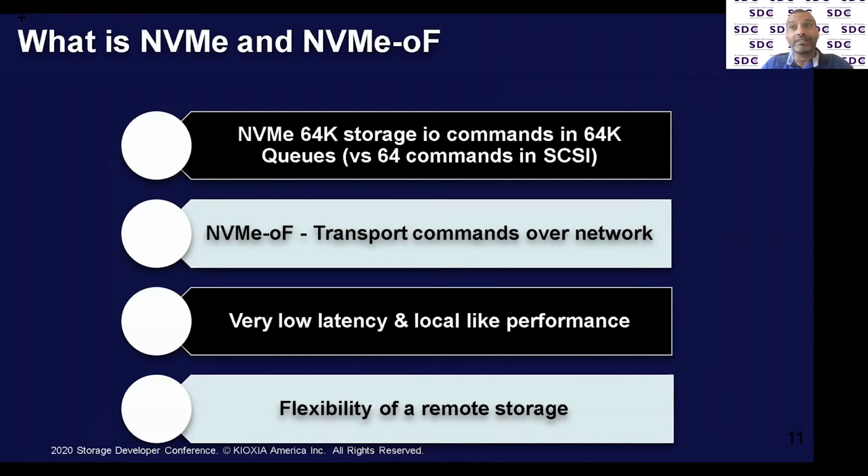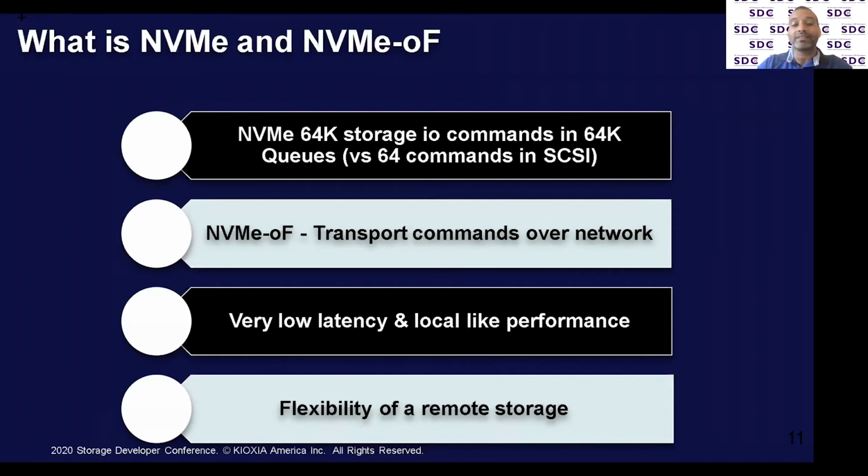Since networks are high speed, the NVMe protocol is optimized to carry a huge number of commands, 64,000 storage commands in one queue. And we have 64,000 queues available, and a lot of cores available to assign to those queues.